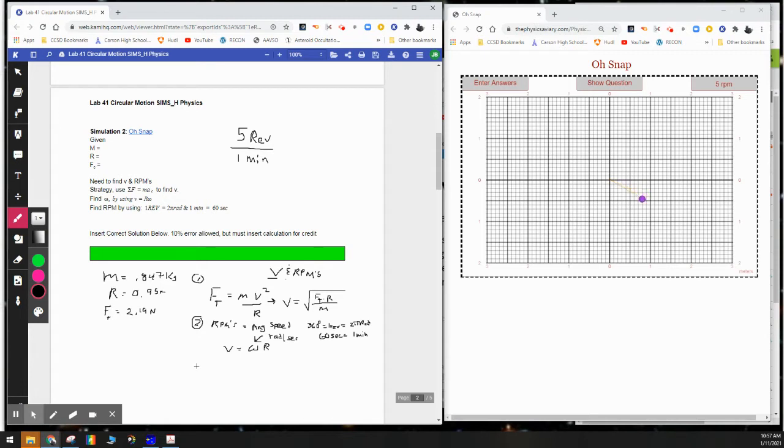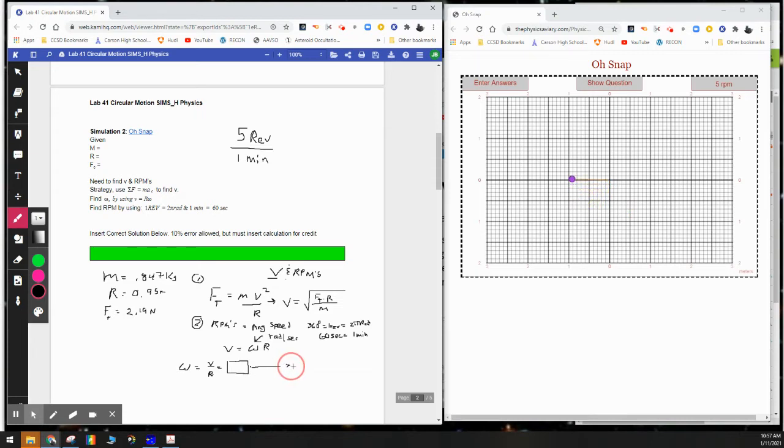First, let's solve for omega. Omega is just going to be V over R, and we'll get some answer. Now we're going to use the factor label method. Once we get this answer, it's going to be in radians per second, so we have to get it into RPMs.